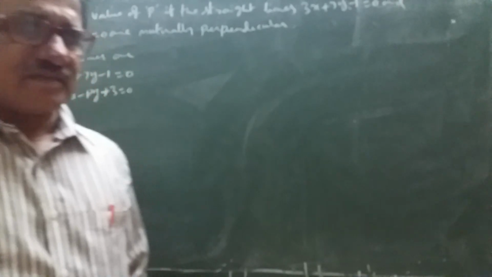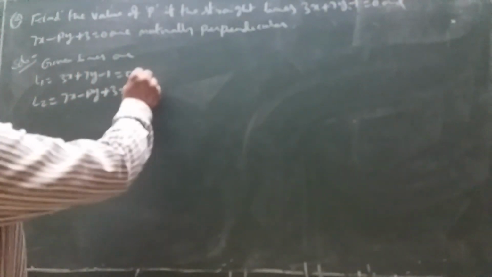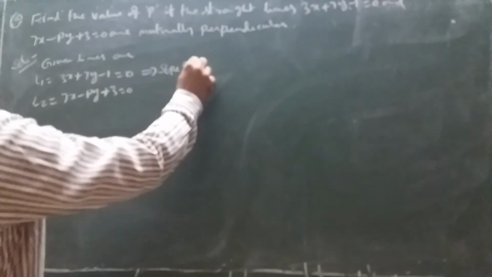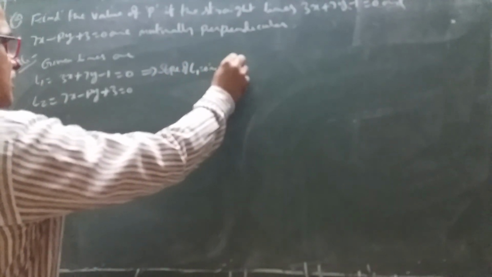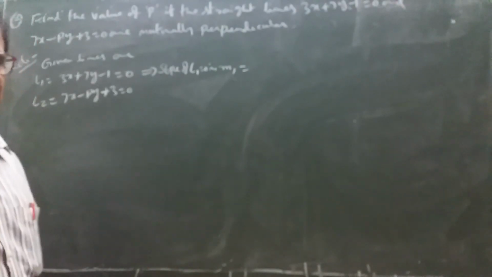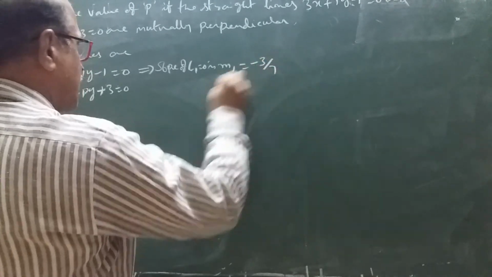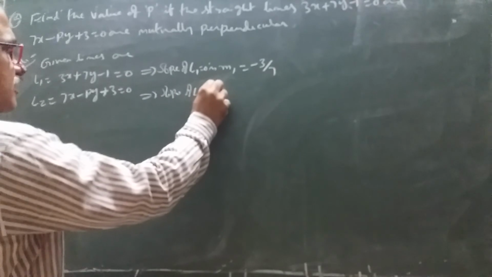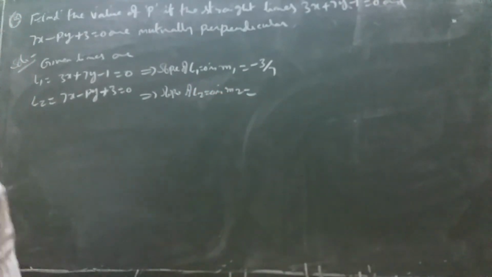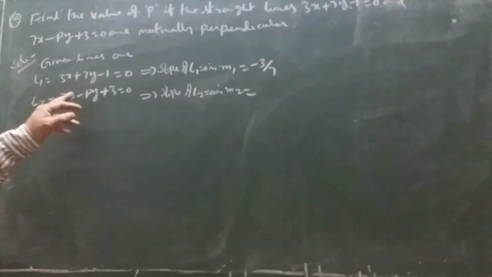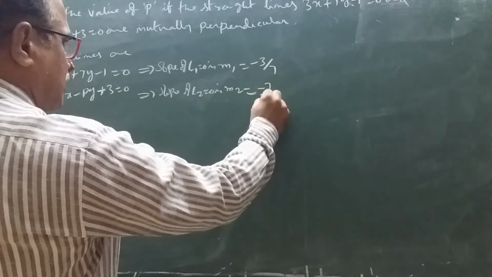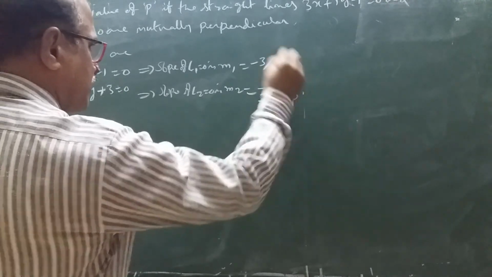The fundamental method is, slope of L1: m1 is equal to minus x coefficient by y coefficient, that is minus 3 by 7. Similarly, slope of L2: m2 is equal to minus x coefficient by y coefficient, that is minus 7 by minus p is equal to 7 by p.